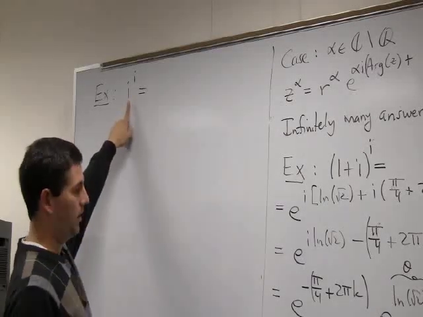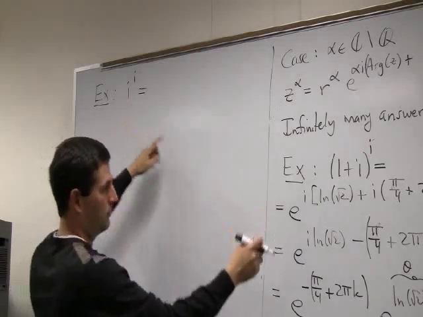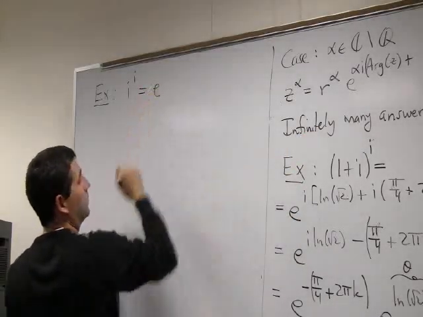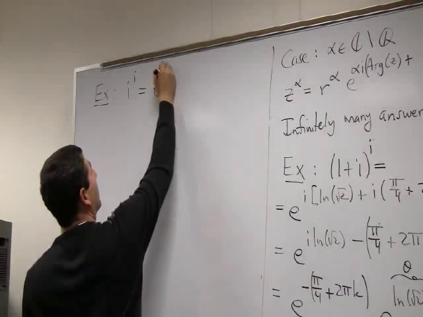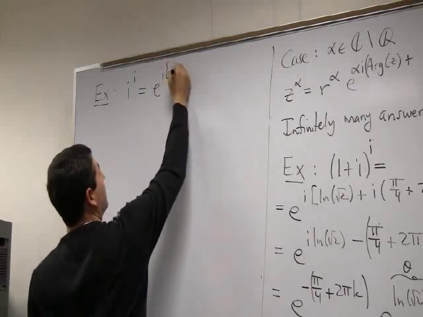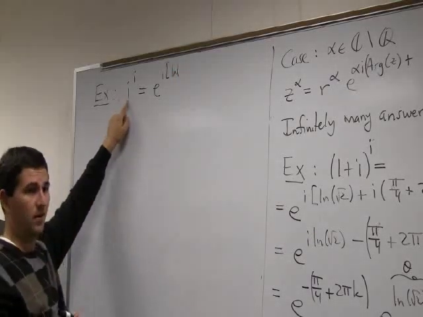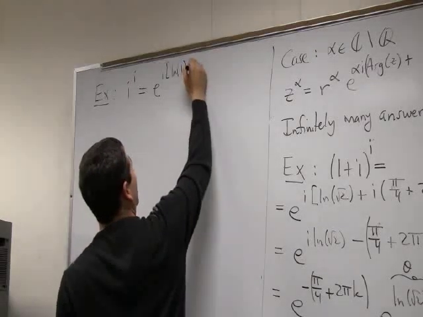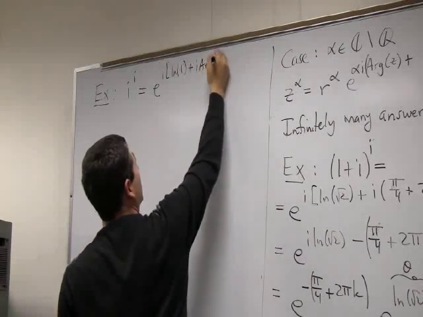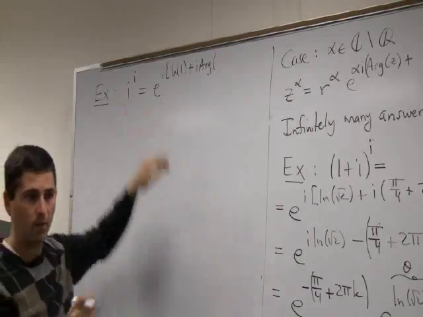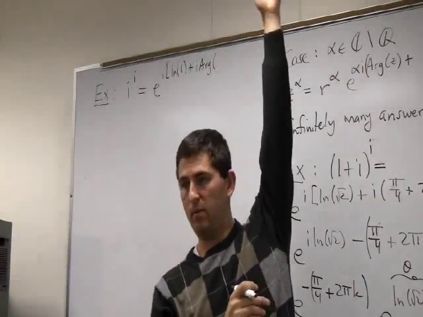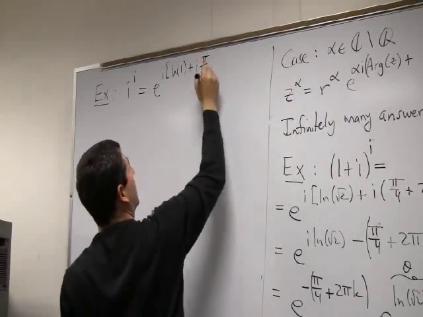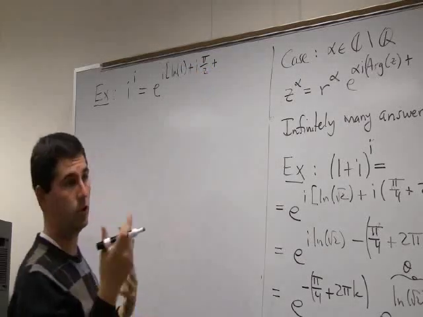Well, you take, where's our formula? e to the alpha is i times the natural log of the radius, or the norm rather, that's 1, plus i times the argument of i. What's the argument of i? i is up here. Pi over 2. So the argument is pi over 2, plus 2 pi k.